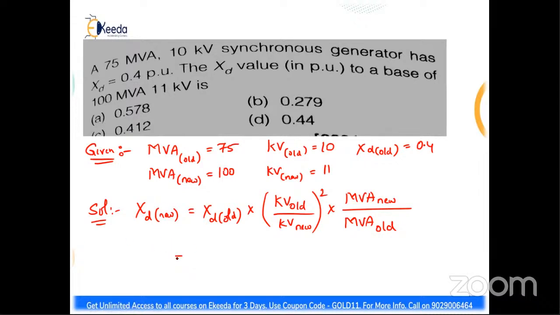So therefore XD old is 0.4 into kV old, whole square.